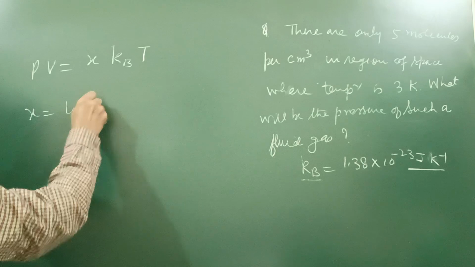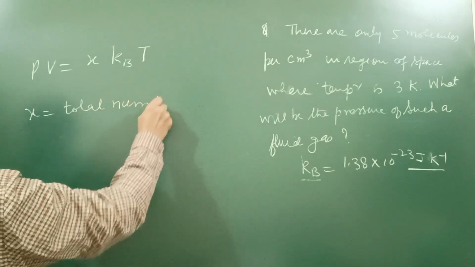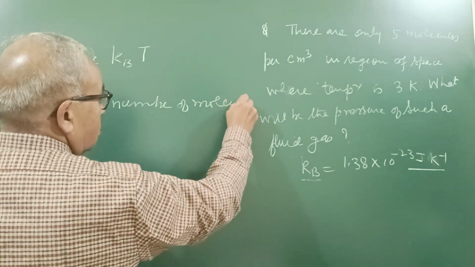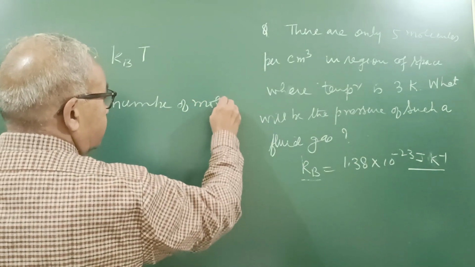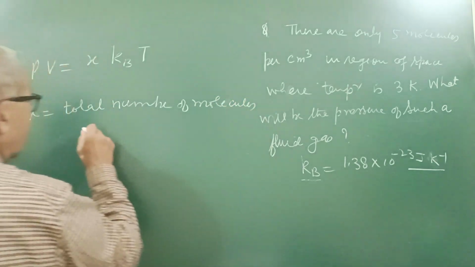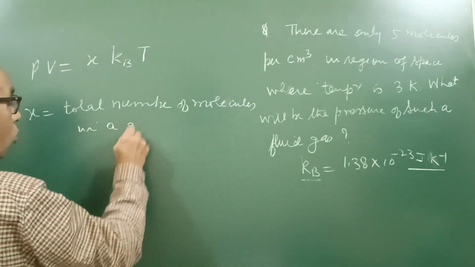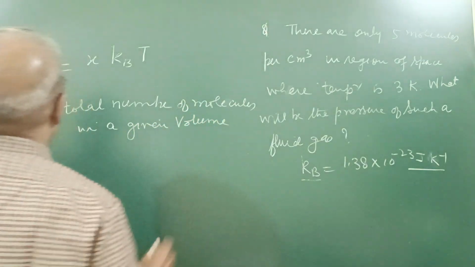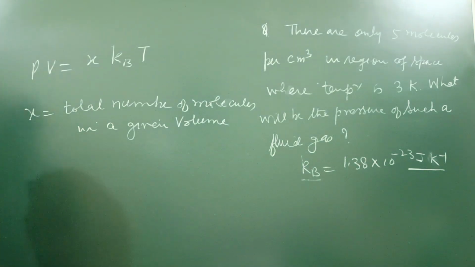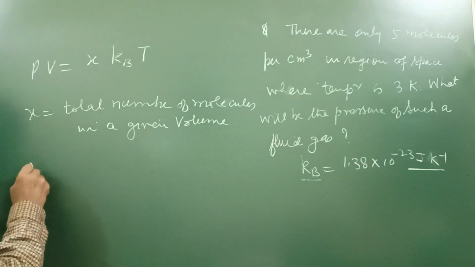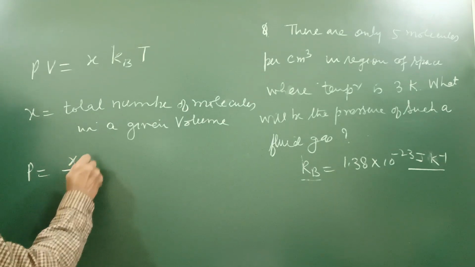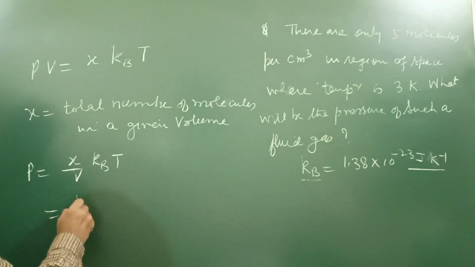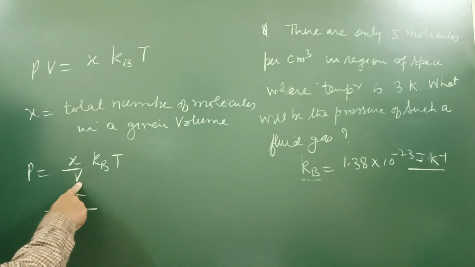The total number of molecules in a given volume. So we want pressure here: x upon V times kB T. x is 5, V is 1 centimeter cube.